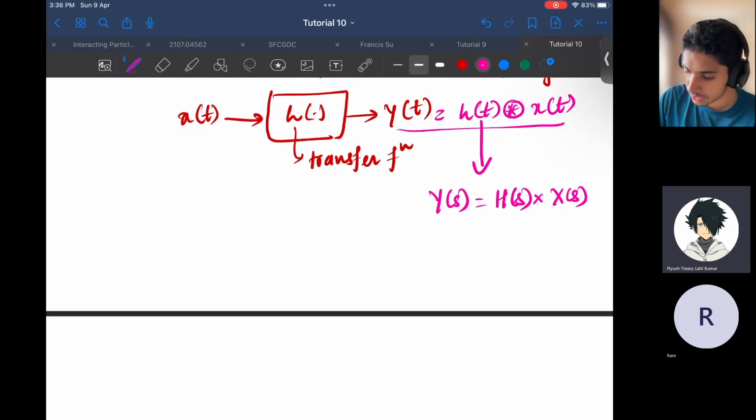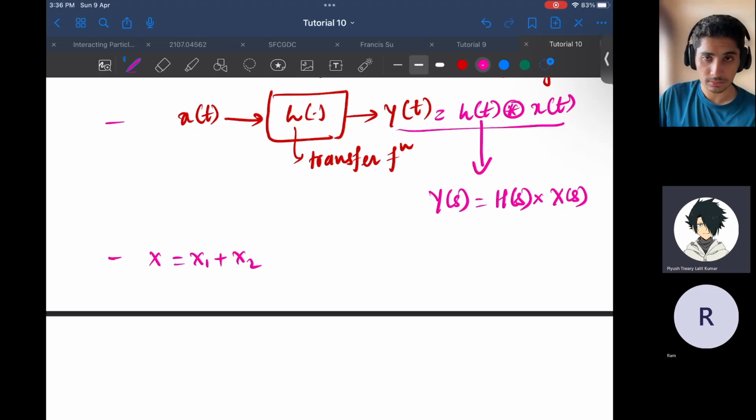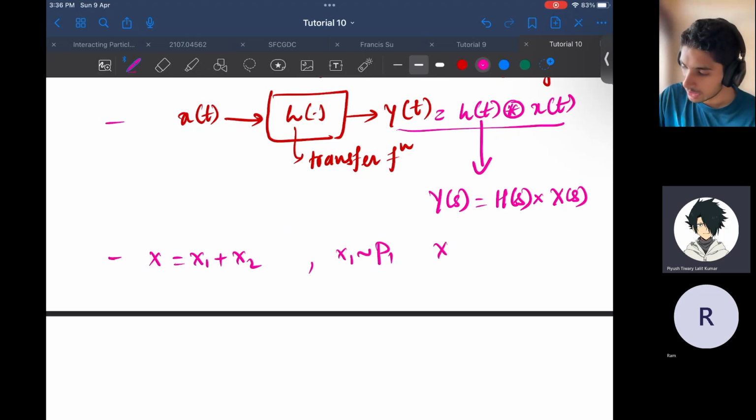So let's say you have some random variable x equal to x1 plus x2, and x1 and x2 are independent. x1 has a distribution p1, and x2 has a distribution p2. So the distribution of x, px, is given by the convolution operation between p1 and p2.